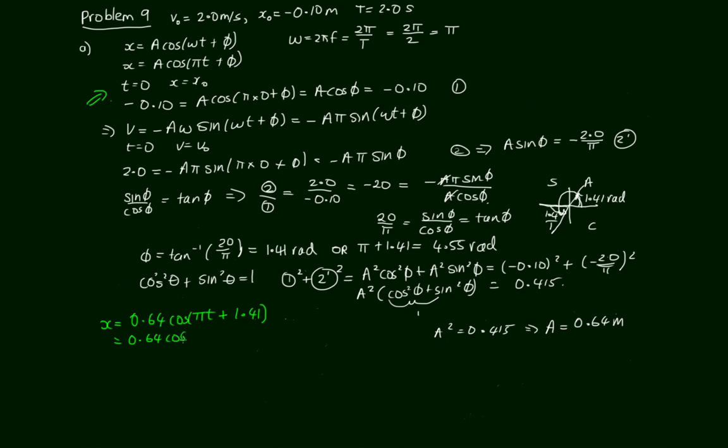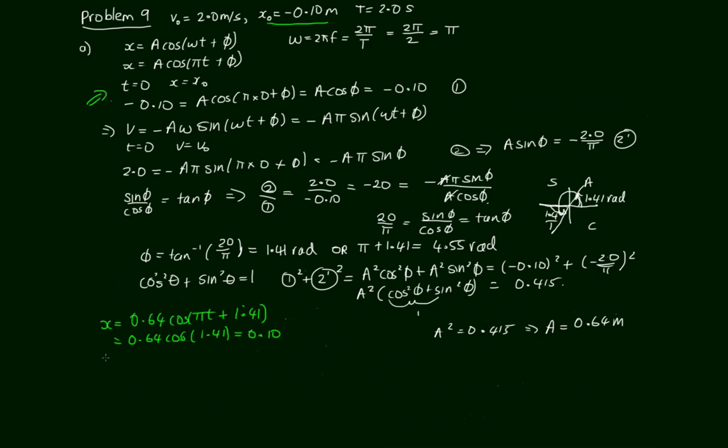Now we're looking at time 0 because that's the information we have. So we've got cos of 1.41. Solving this, we end up with 0.10. Now that's a problem because it should have been minus 0.10. So that tells us that probably this 1.41 is incorrect and we should use 4.55.